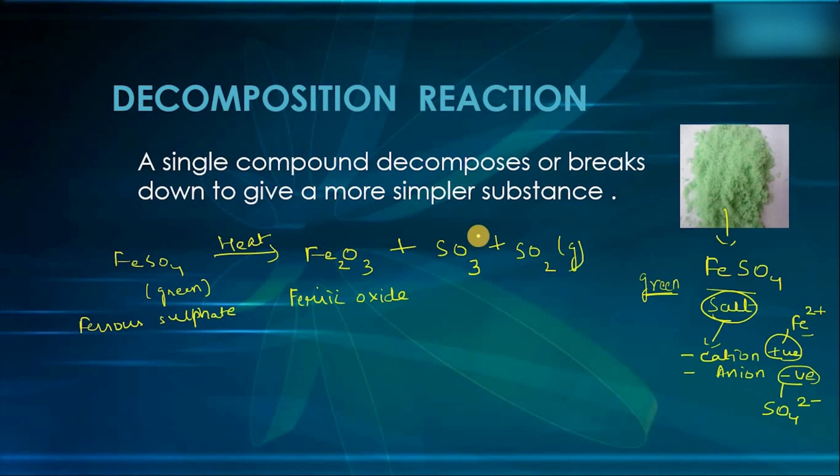These two are gaseous products, while this is the solid product that is formed. As you can see, one complex compound is giving me more than one product, be it solid or gas or anything. So, I call this kind of reaction decomposition reaction.